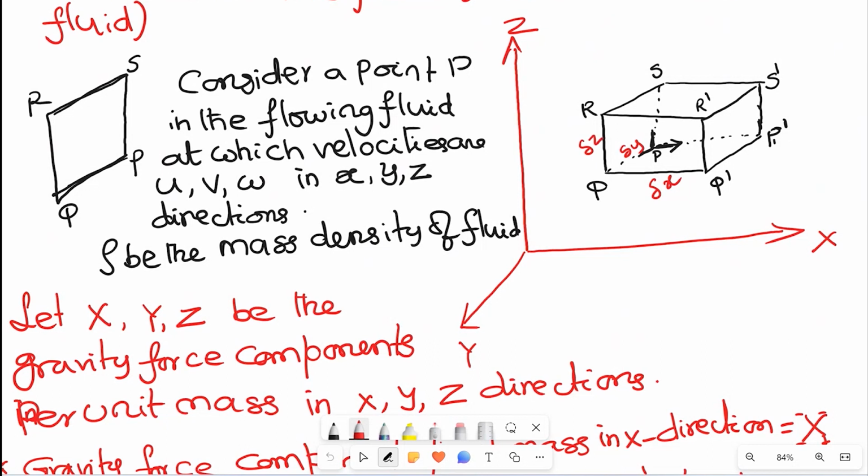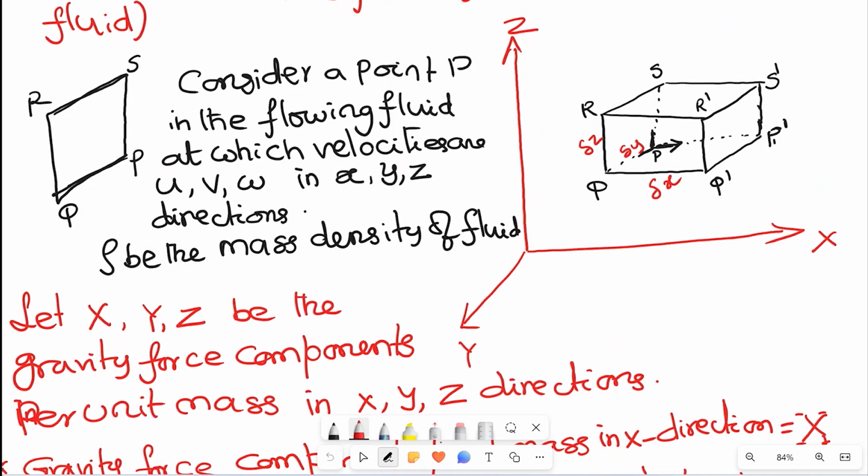The moment I write delta x, delta y, delta z, it signifies that the element is very, very small. Now what I will do is calculate the net force in the x direction, the net force in the y direction, and the net force in the z direction. This is the thing which I will consider.